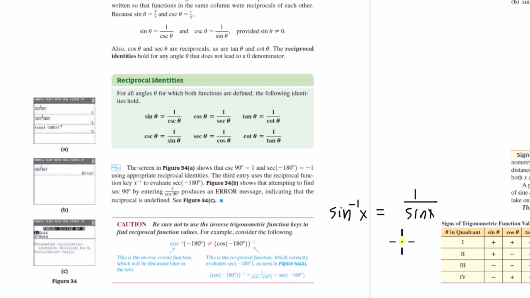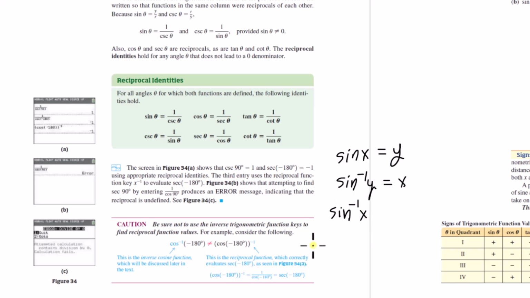This means an inverse. So what this is saying is if sine of x is equal to y, then sine -1 of y is equal to x. And we're going to learn about inverses in a later chapter. This does not mean reciprocal. So that's just something to keep in mind. It's a little confusing.